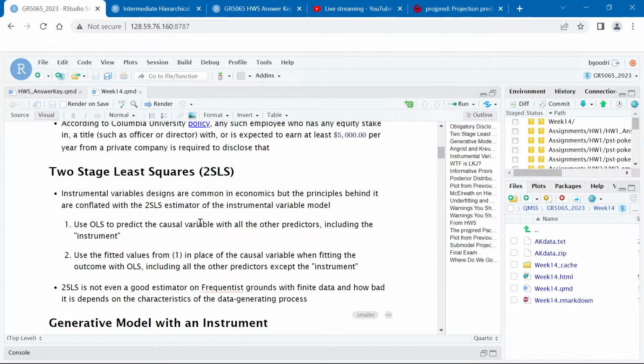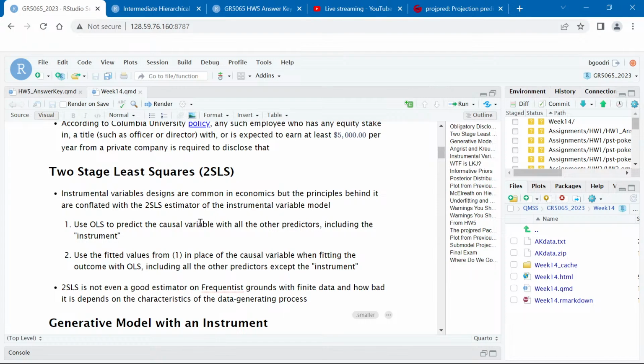It does get less bad as you get more and more data. But unfortunately, like with a lot of things frequentist, you say, okay, there's an asymptotic justification or rationalization really for something. And then researchers go and apply that estimator irrespective of how much data they have.